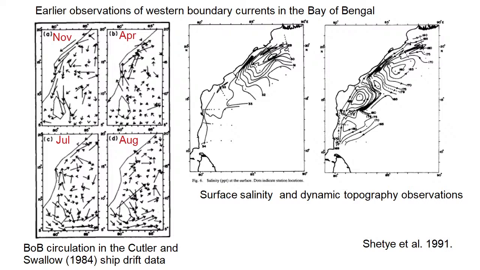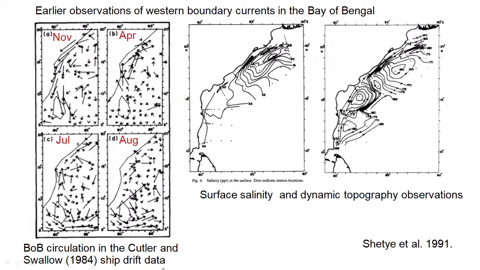There are some ship observations, or ship drift data, compiled by Cutler and Shalom. Dr. Shetty has put these observations into maps to see what the circulation in the Bay of Bengal is. It's very interesting that even in the early 90s, we could see the signals of strong coastal currents.